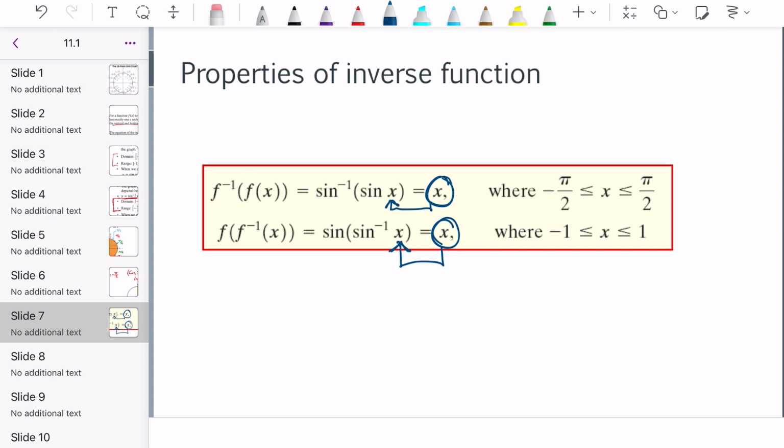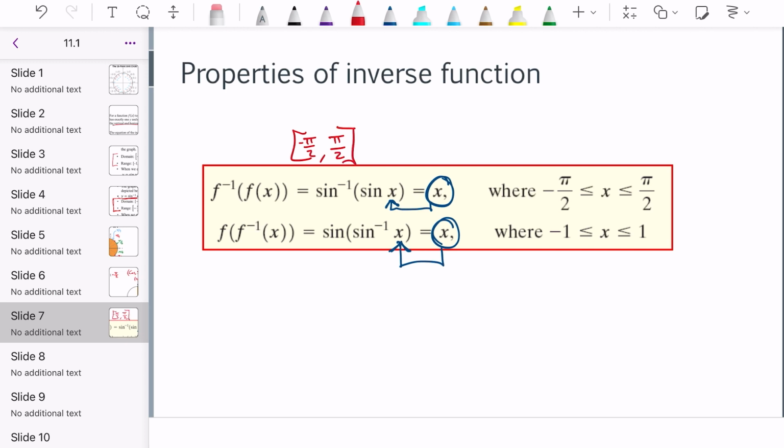Now, it is extremely important to be able to spot what the range would be, and we are always going to go based off of the outside function. So in this case, the range of an inverse sine would be negative pi over 2 comma pi over 2.